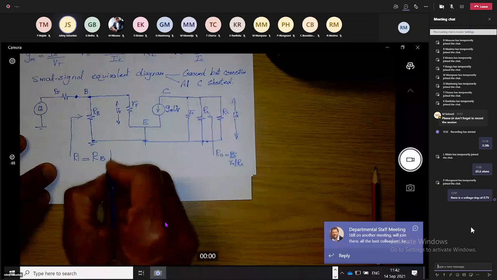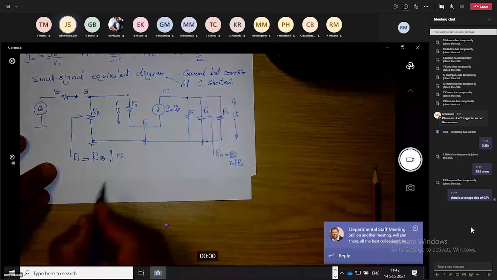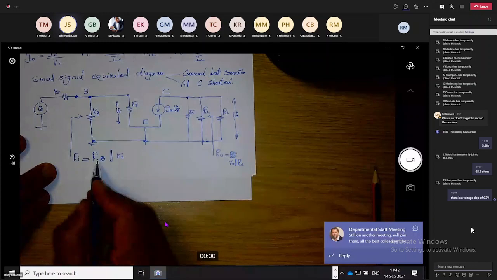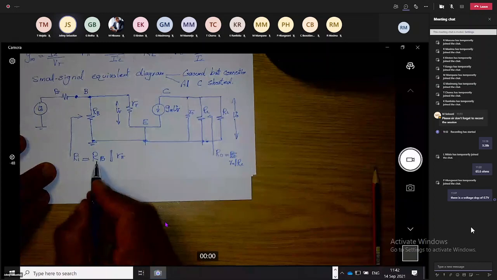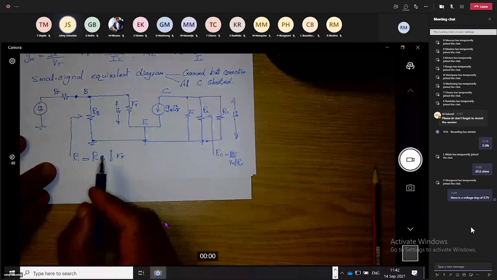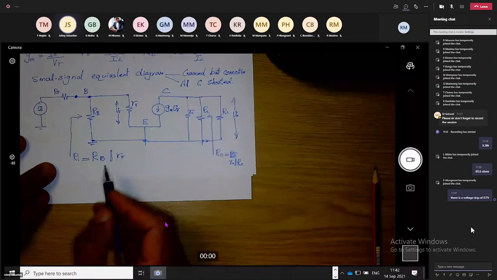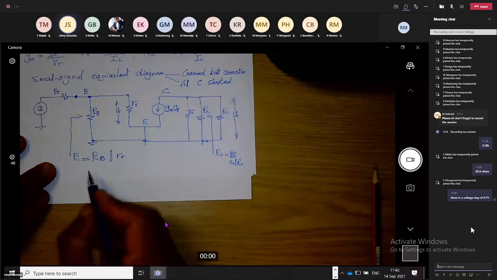So this is one of the differences that we see. Previously, we did not see RB because in the 2 problems that we worked out, there was no RB given. Now, in a voltage divider bias, you will have an RB. You have to include that in your input impedance calculation.